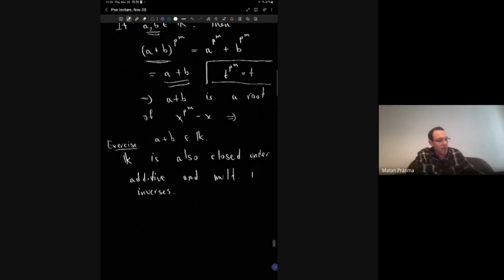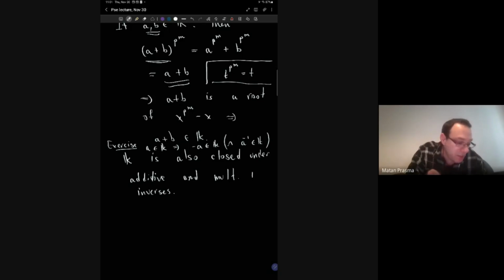Okay, so as an exercise, you can prove that if a is in K, then minus a is in K, and also if a is not 0, then a inverse is in K. This last part you don't need to show because K star was a multiplicative subgroup, so it contains all the multiplicative inverses.